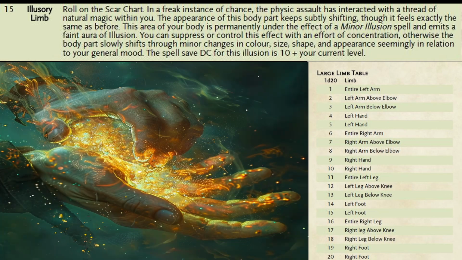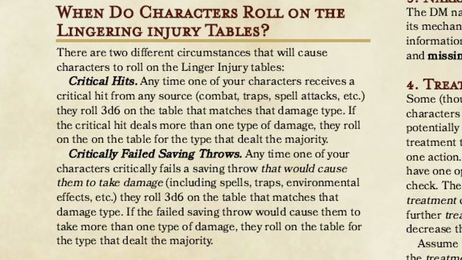His hand has now become infused with the psychic energy, and it changes with his personality. It's like a minor illusion spell. So some of the injuries are quite creative and wouldn't be what you'd expect them to be, but they're very, very fun. Now, like I said, I've also added in that when the character falls to 0 HP, they also will roll on this table.